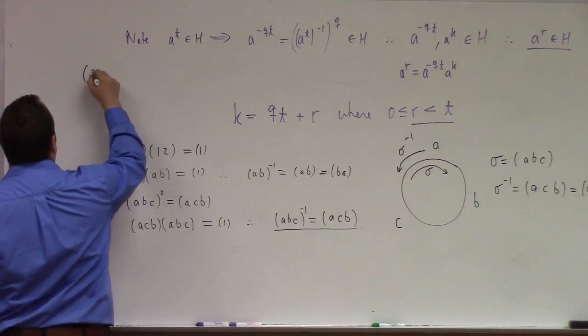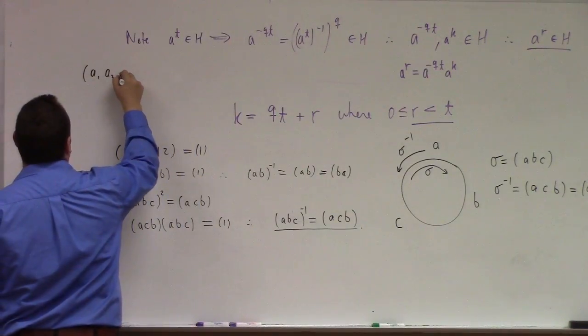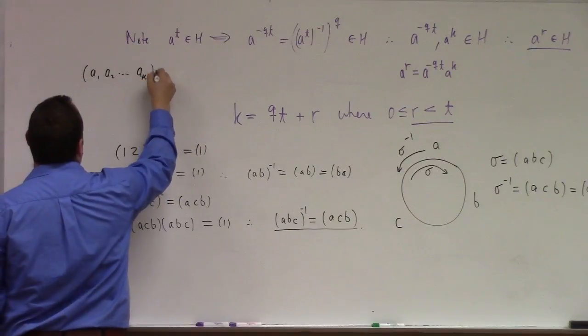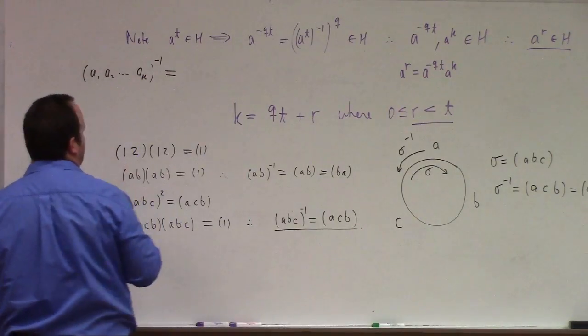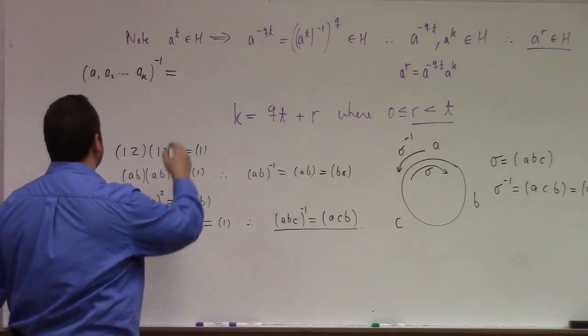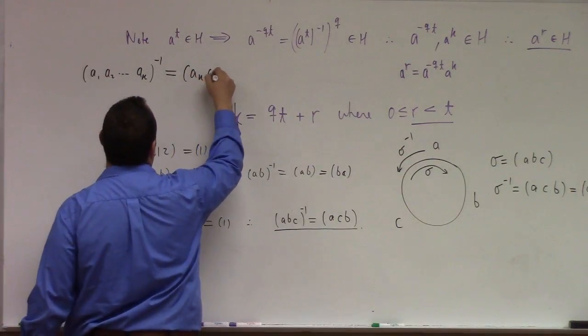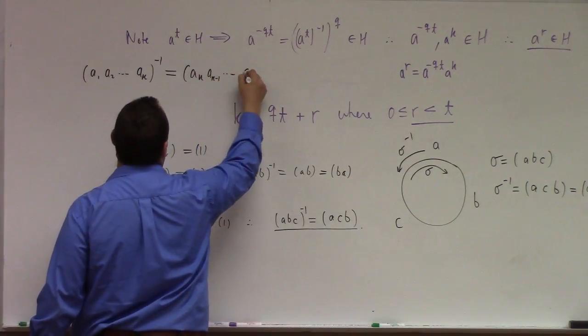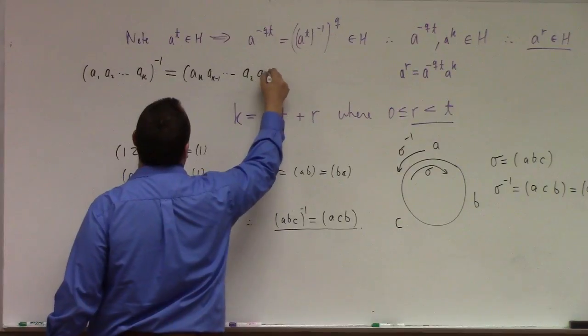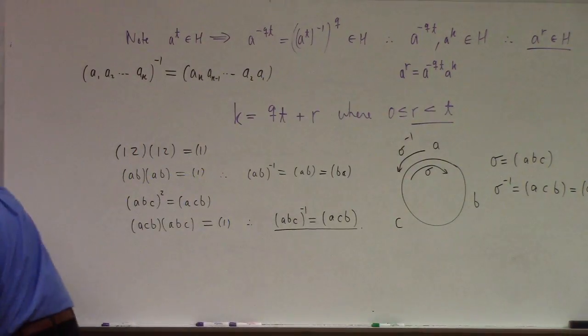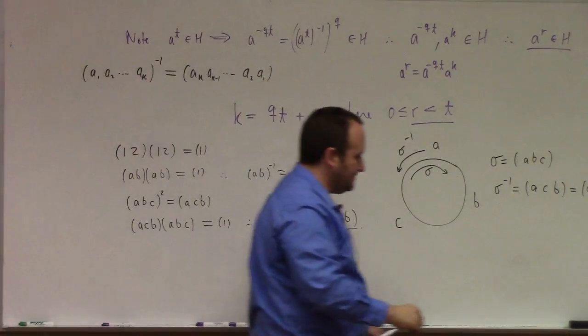If I have A1, A2, and so on up to AK, and I want to find its inverse, what is it? AK... I bet that works.